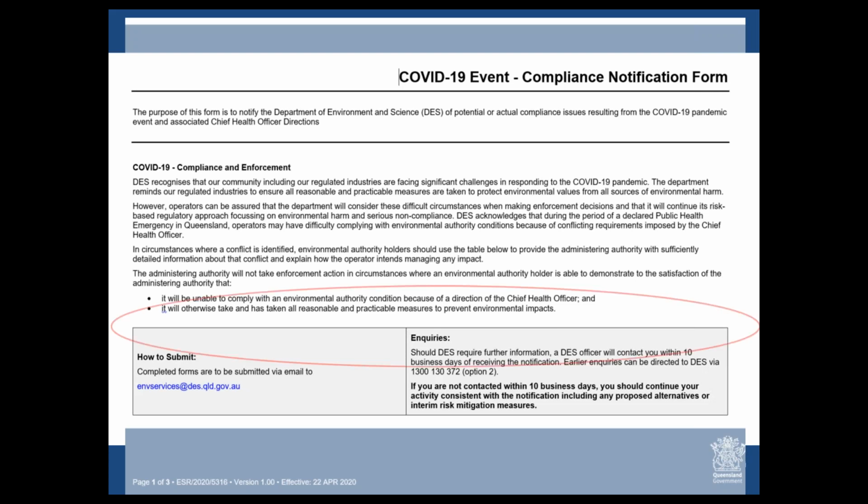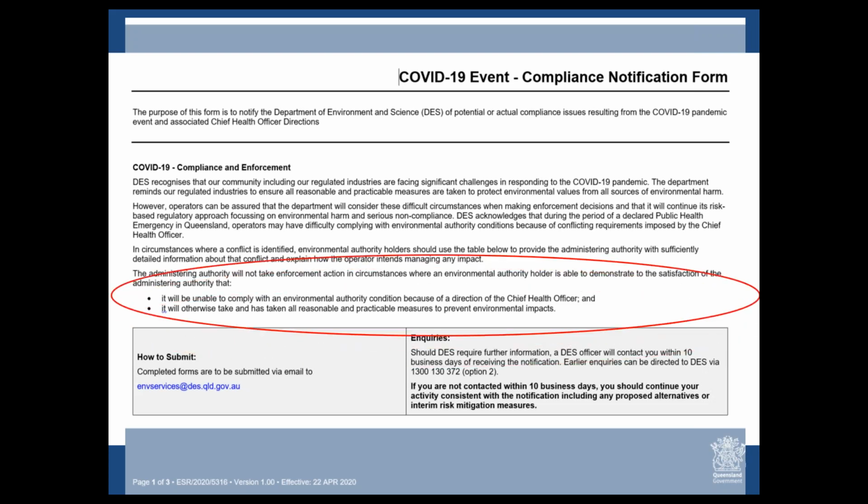I just thought I'd point out here that it says plain and clear on the front page that the administering authority will not take enforcement action in circumstances where the EA holder is able to demonstrate to the satisfaction of the administering authority that it will be unable to comply with an EA condition because of the direction of the Chief Health Officer, and it will otherwise take and has taken all reasonable and practical measures to prevent environmental impacts.